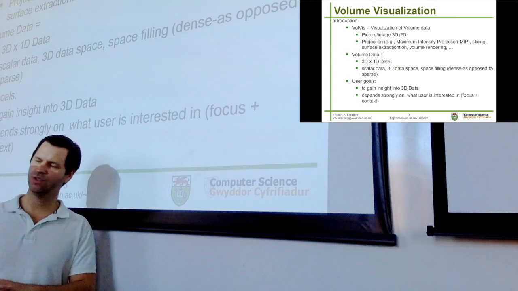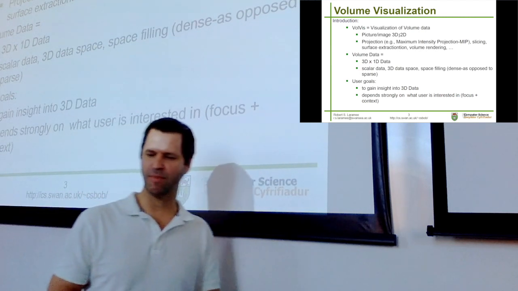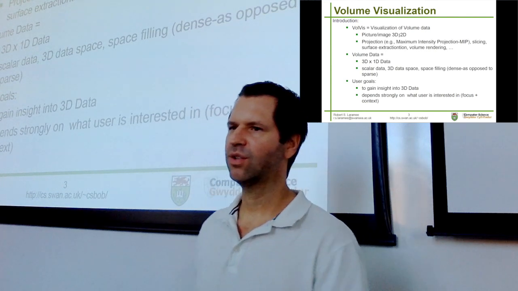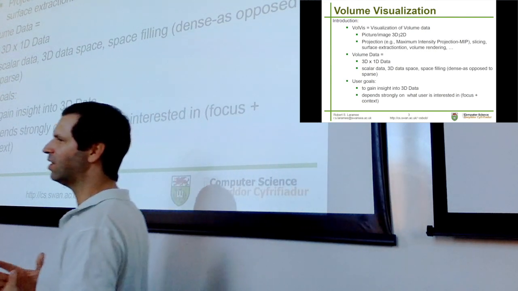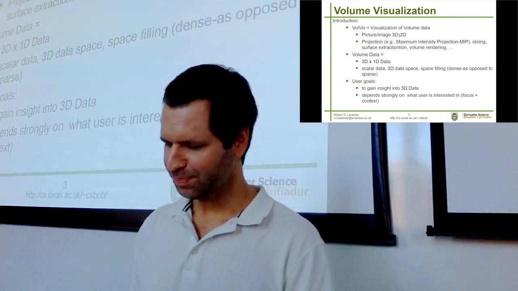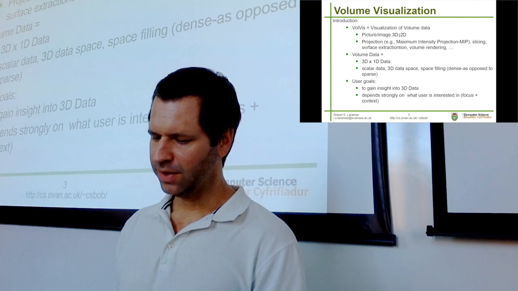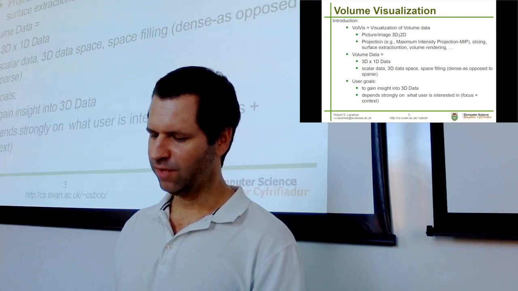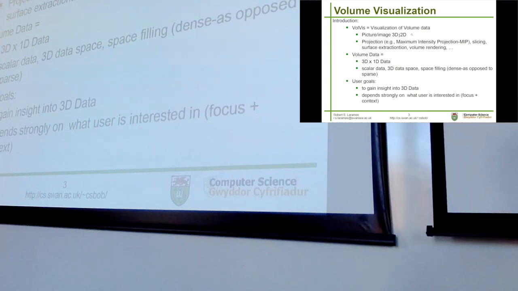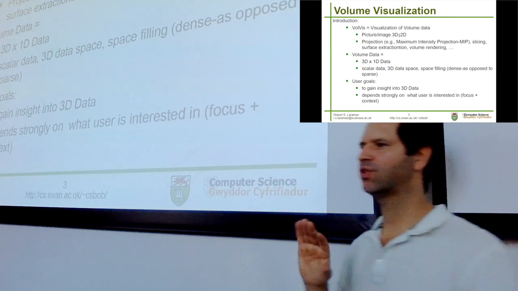That's a flat 2D surface. It's a map projection. Here we're talking about volume data, so data that occupies a 3D volume. So X, Y, and Z. So the data occupies a 3D volume, but what we actually see is projected onto a 2D image plane or a 2D screen.